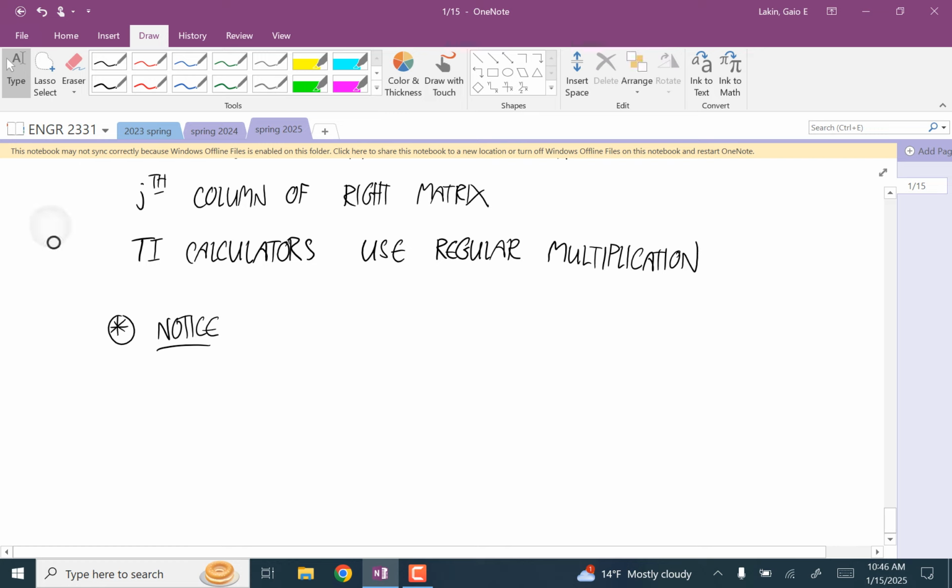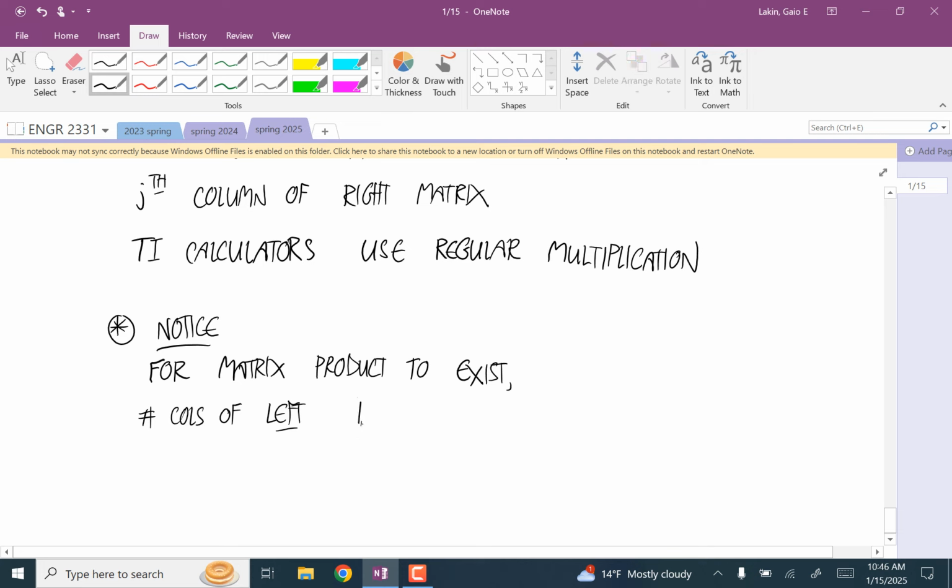So for a matrix product to exist, the number of columns of the left matrix has to equal the number of rows of the right matrix. This is the first thing to notice.